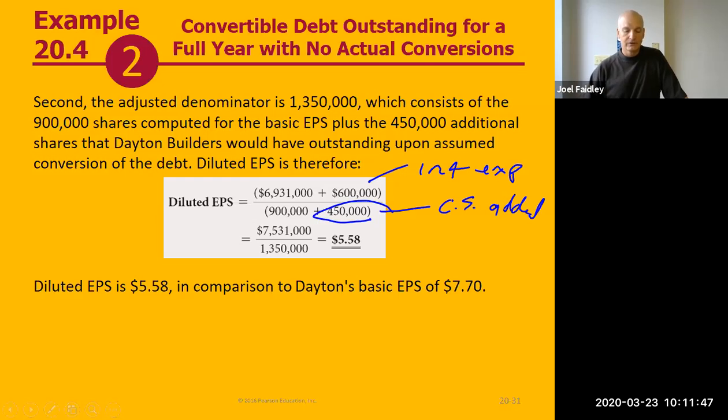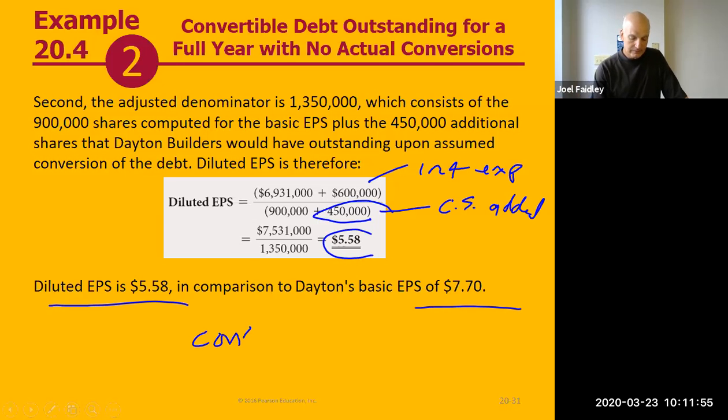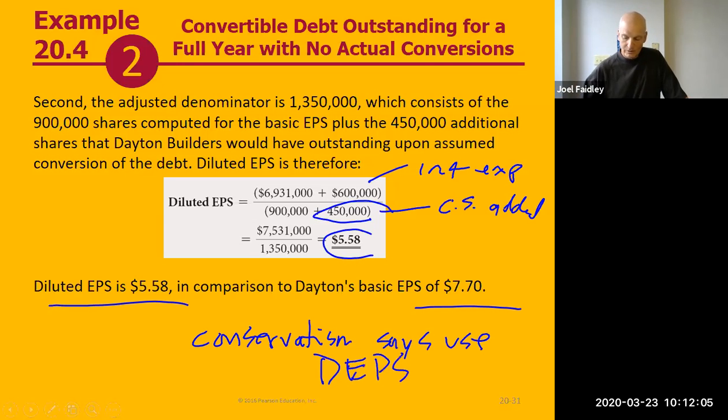The what if I converted? So there's my diluted earnings per share, 550. So that is less than 770. So conservatism principle says use diluted earnings per share because it's less. You don't want to mislead investors.